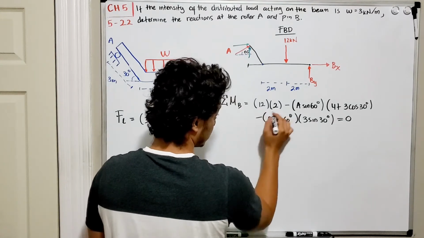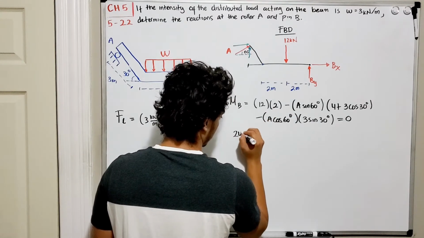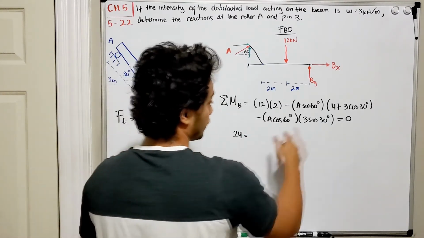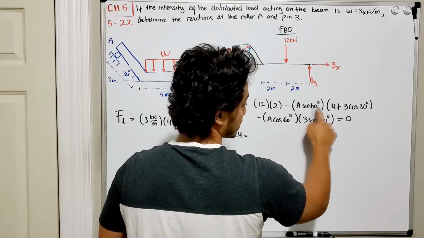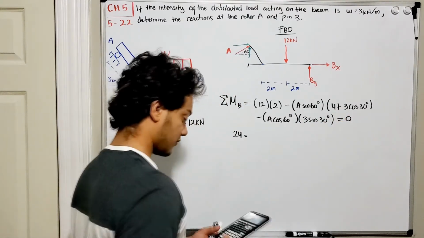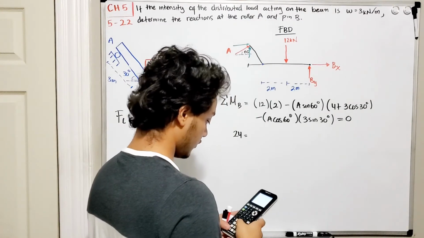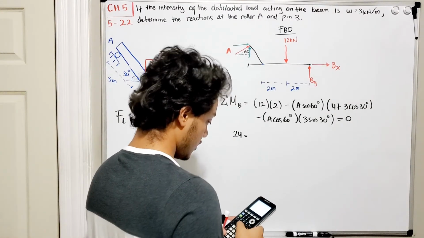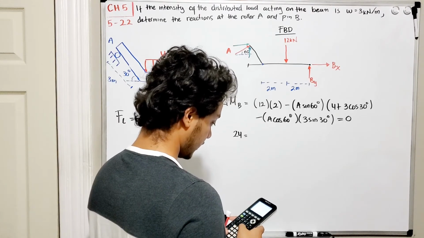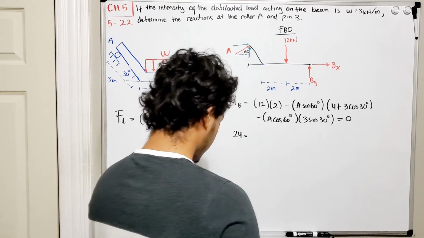So I will have 12 times 2, that gives me 24, will be equal to, and I'm going to multiply sine of 60 by 4 plus 3 cosine of 30. Let's see how much that is. So we got sine of 60 degrees multiplied by 4 plus 3 cosine of 30 degrees, and that gives me 5.7.